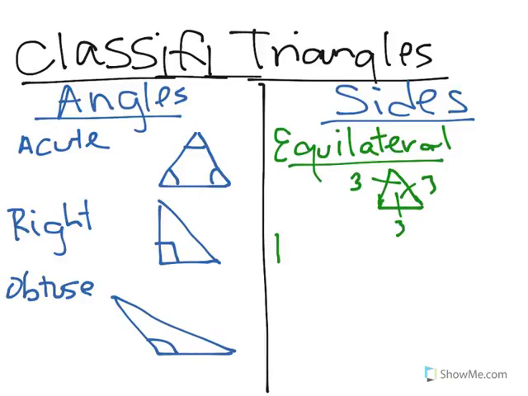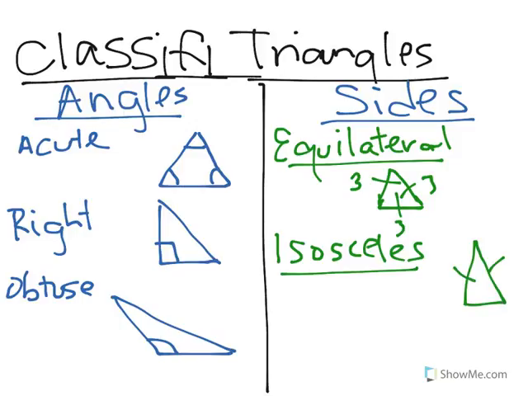You can also have a triangle with 2 side lengths that are the same, and we call that an isosceles. Isosceles, okay? It's where 2 side lengths are the same. Not all of them, but 2 of them are. If one was 2, the other's 2, this could be 3 at the bottom, so 3, 3, and 2. That actually looks about right. Okay, 2 side lengths are the same, the third one is different.